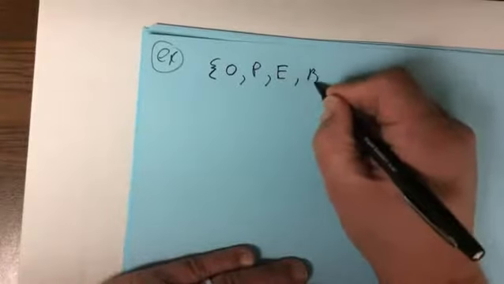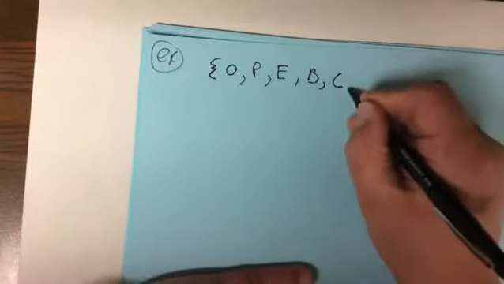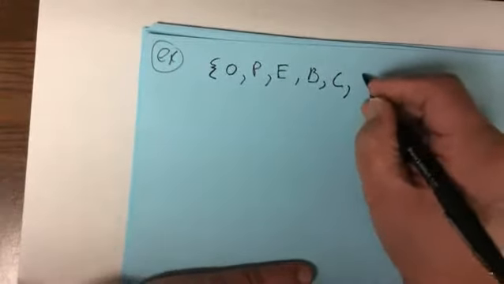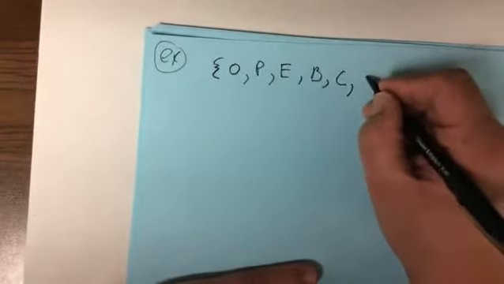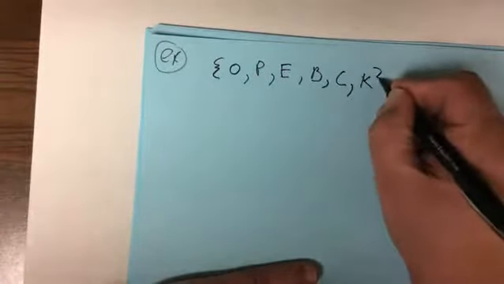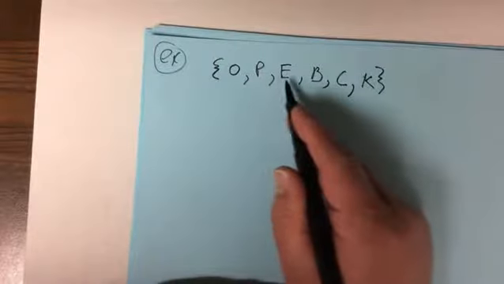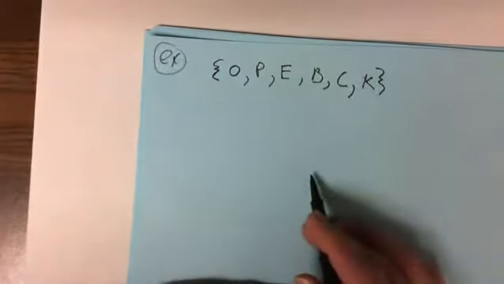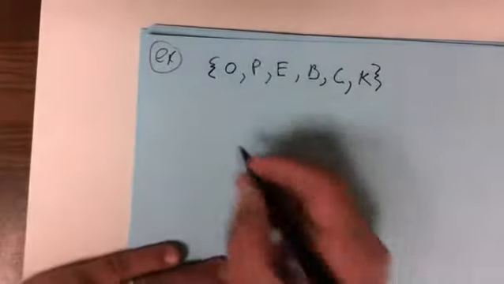We'll say bacon bits. And we'll say cheese. And, of course, croutons. That's like a C too. I'll say K for croutons or something. In other words, we have 1, 2, 3, 4, 5, 6 different toppings. My salad can have 6 different toppings.